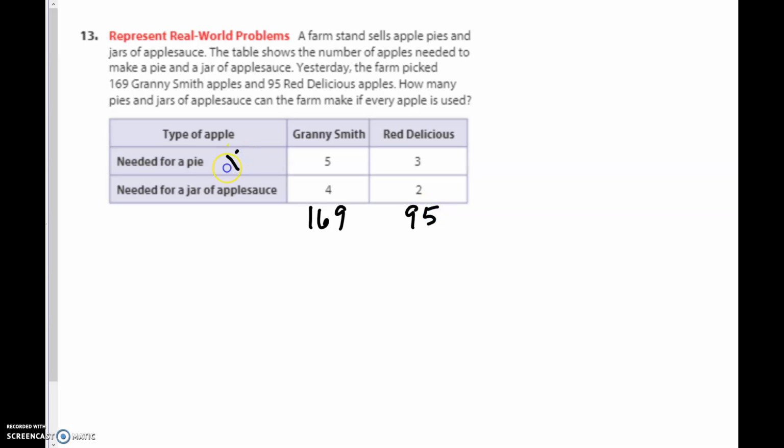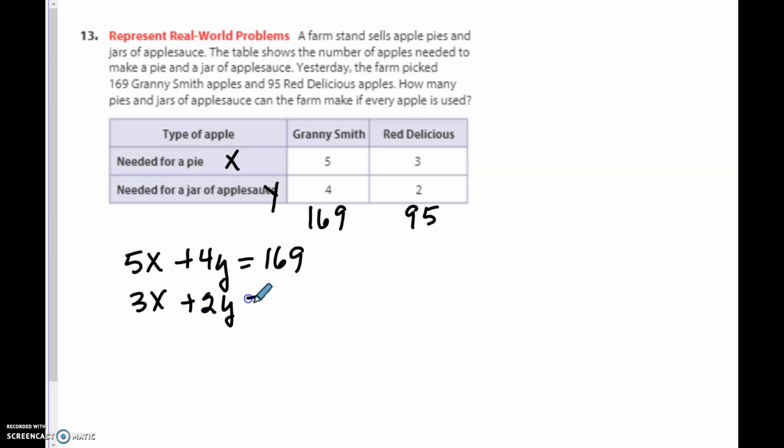Okay, I'm going to say pies is X and applesauce is Y. So I'm going to set up my Granny Smith equation: 5X plus 4Y, and I had a total of 169 apples. And then in my other equation, 3X plus 2Y, and it was a total of 95.